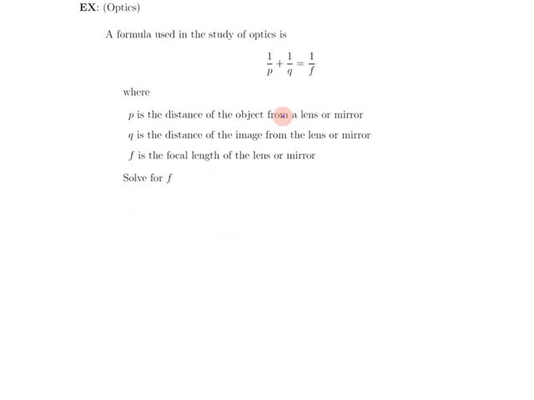The example you see here comes from a field of study called optics, which is generally taught as part of a physics course, but I'm just going to show you the formula without having to worry too much about where it comes from or why it's true. Here's what the formula represents. p is the distance of the object from a lens or a mirror. So imagine you have some lens here, and you've got some object.